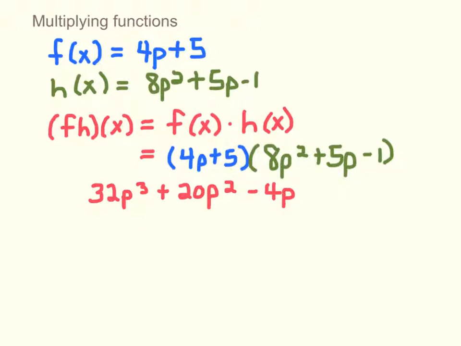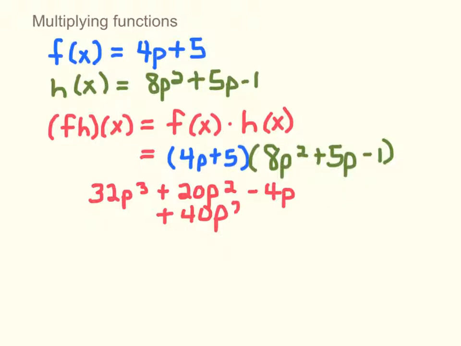The next thing I'm going to do is use the distributive property and multiply 5 times 8p squared, then 5 times 5p, and then 5 times negative 1. Whenever possible, I'm going to put like terms above or below each other. So 5 times 8p squared is 40p squared.